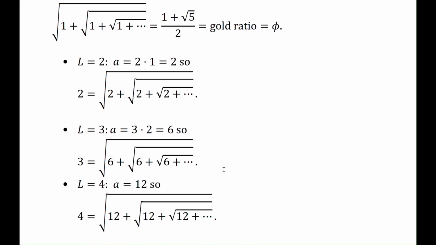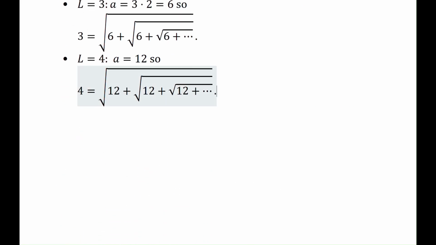It has to be bigger than 1. I don't know, how about 3/2? Okay, so let's see. If L is equal to 3/2, then A is equal to 3/2 times 1/2, or 3/4.